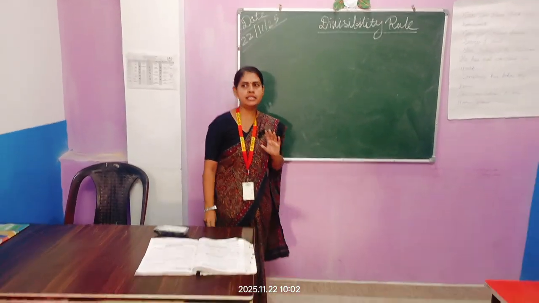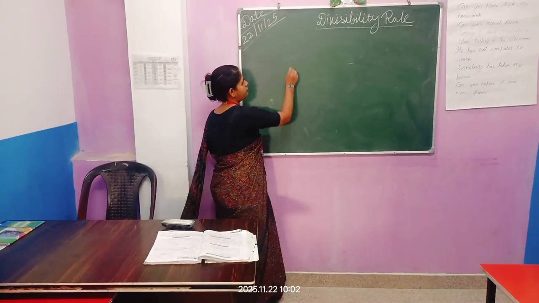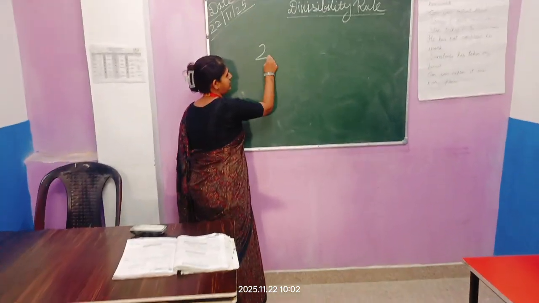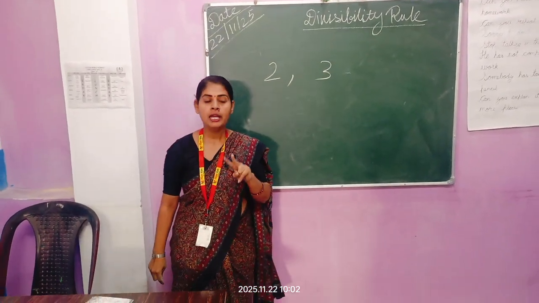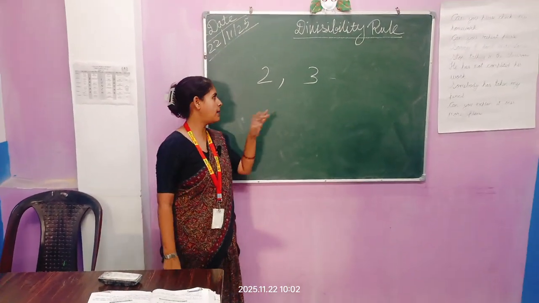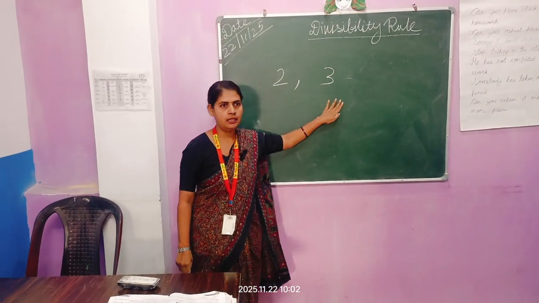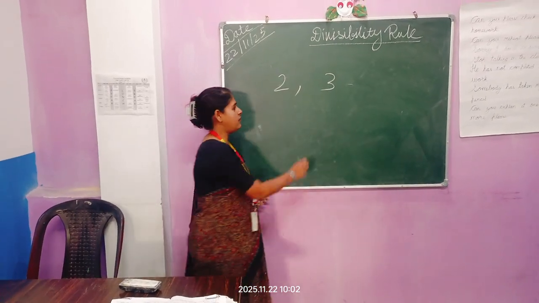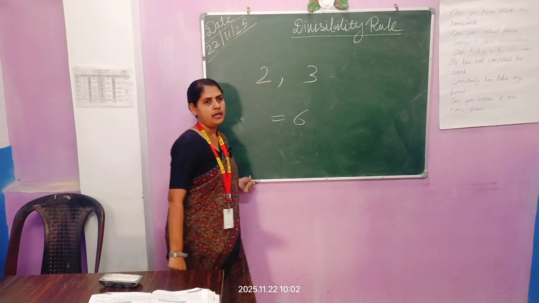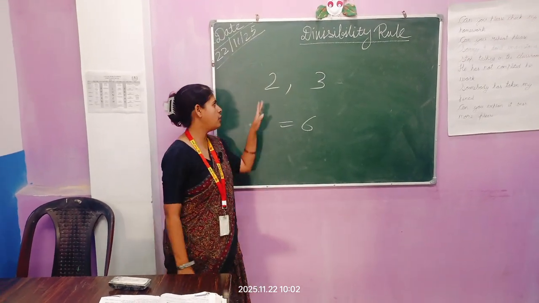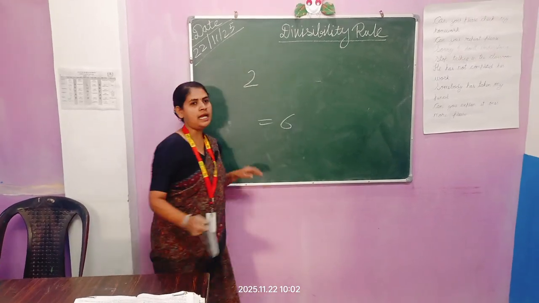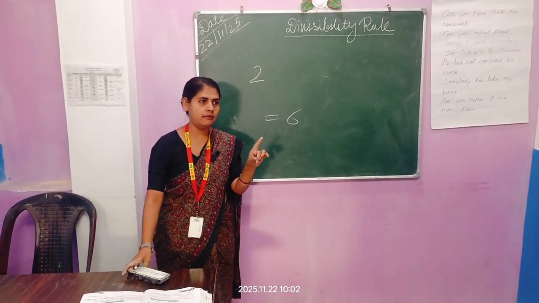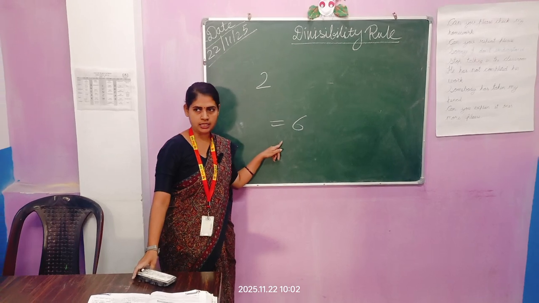Next is the divisibility rule of 6. In the divisibility rule of 6, you have to check if the number is divisible by both 2 and 3. If any number is divisible by both 2 and 3, then it is easily divisible by 6. But if a number is divisible by only 2, not by 3, then that number is not divisible by 6.